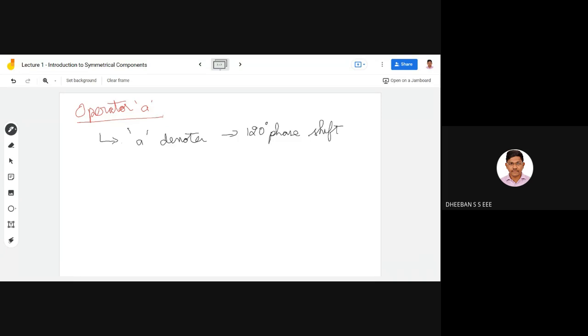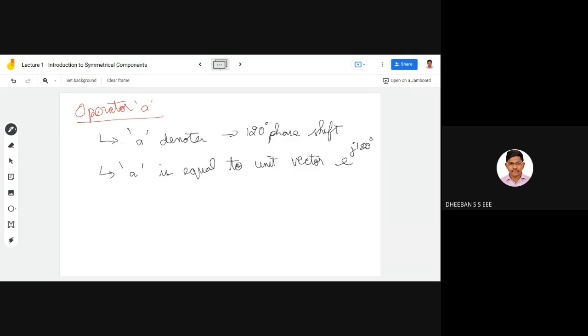So how can you represent it? A is equal to the unit vector e power j120.